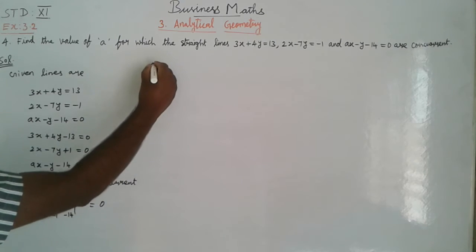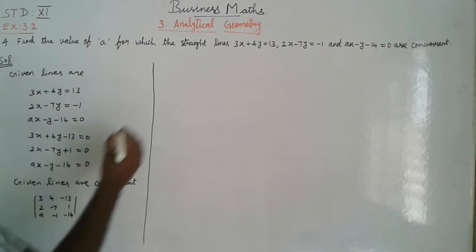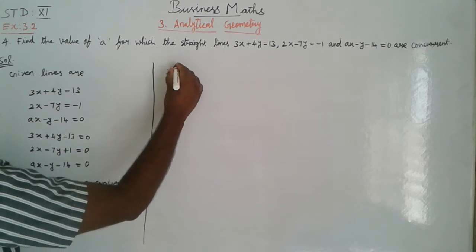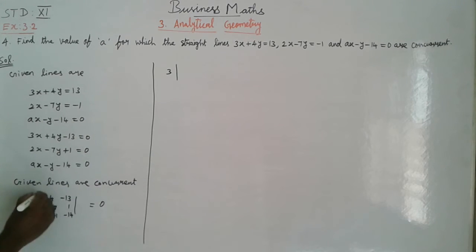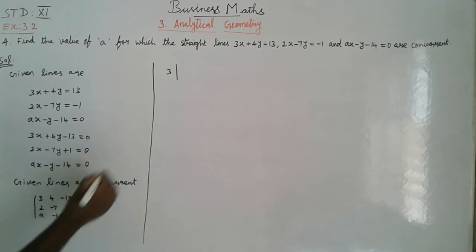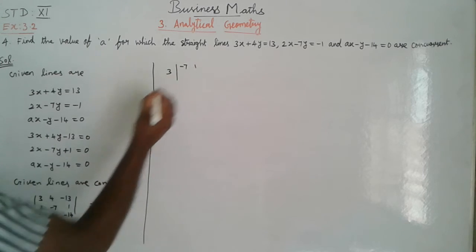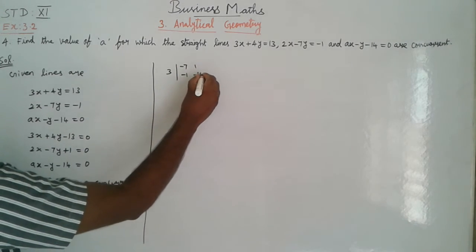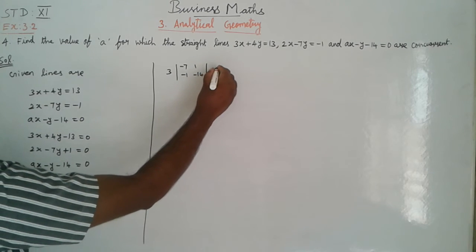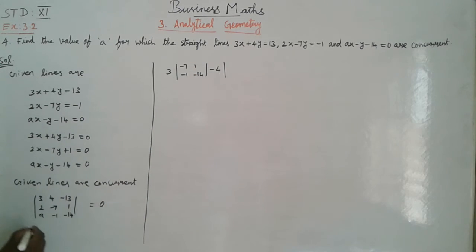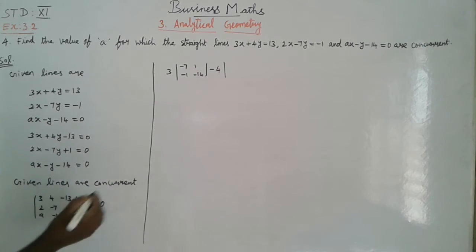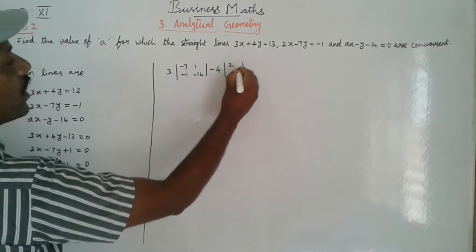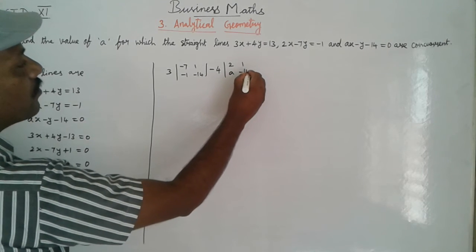So the determinant value we should find out. The first one, 3, times the minor: eliminate its row and column, leaving -7, 1, -1, -14. Minus 4, times the minor: eliminate the row and column, leaving 2, 1, a, -14.